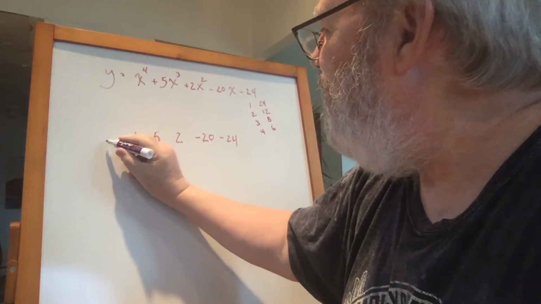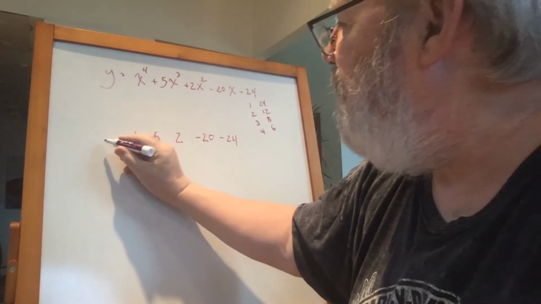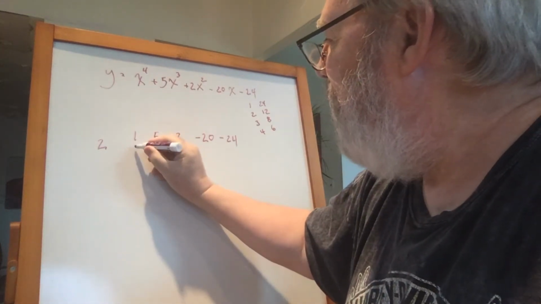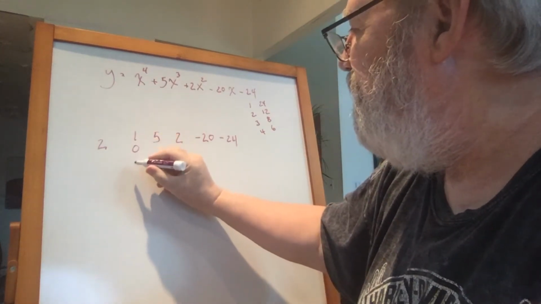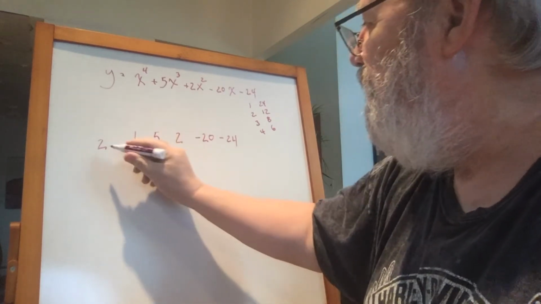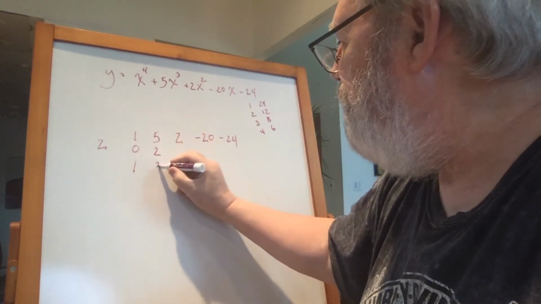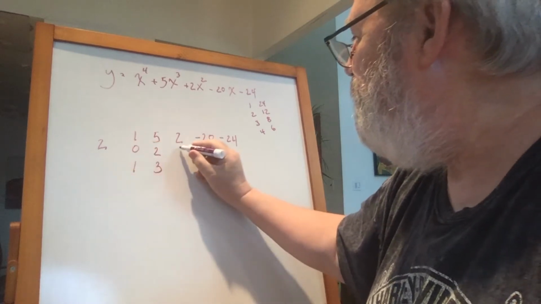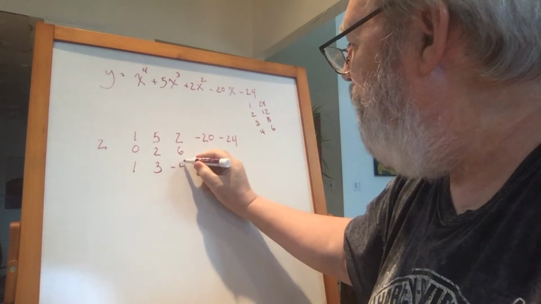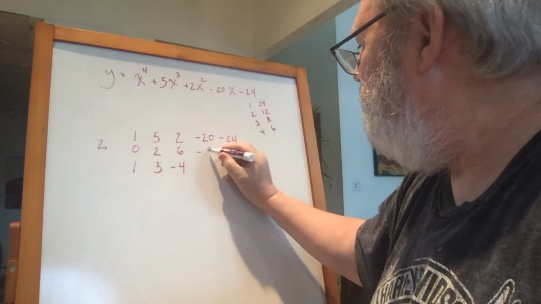So here we go. I can tell you right off the bat, neither 1 nor minus 1 worked. So let's take a look at 2. So 2 goes into 1, well, it doesn't evenly. So 0 times... 1 minus 0 is 1. 2 times 1 is 2. 5 minus 2 is 3. 2 times 3 is 6. 2 minus 6 is minus 4. 2 times minus 4 is minus 8.